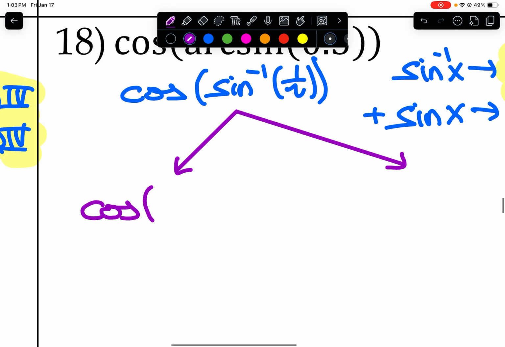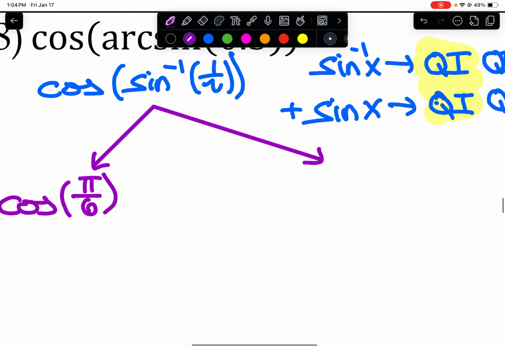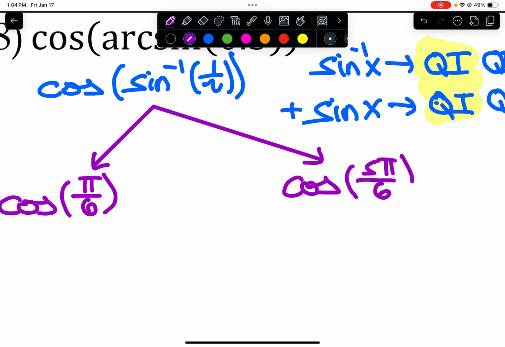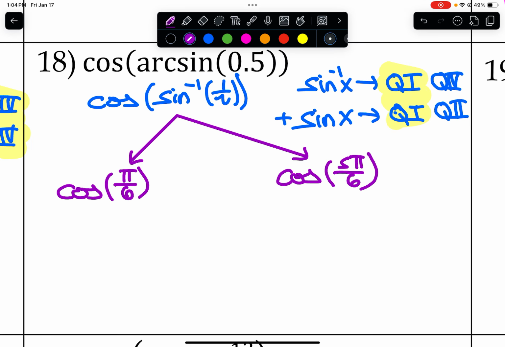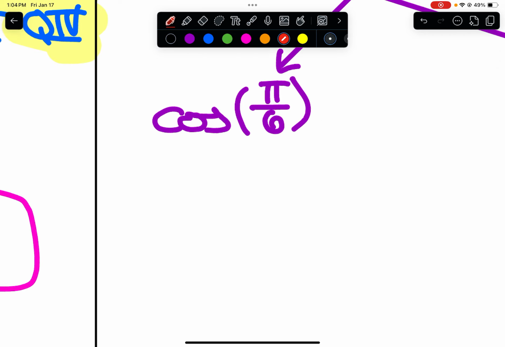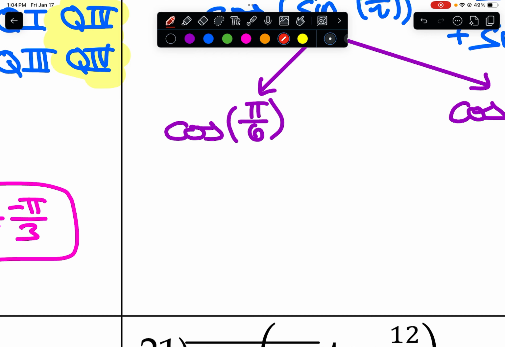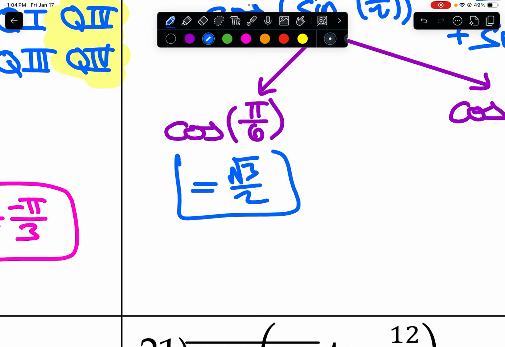When sine is positive, that's going to be at pi over 6, and then 5 pi over 6. But here's the issue. We have to be in quadrant 1, which means I'm just going to ignore the 5 pi over 6 one. So I'm just going to do the cosine of pi over 6, which is going to give me root 3 over 2. So that would be your value.